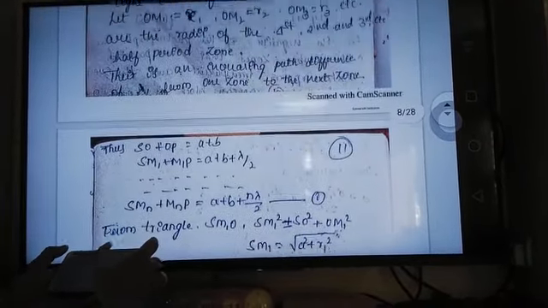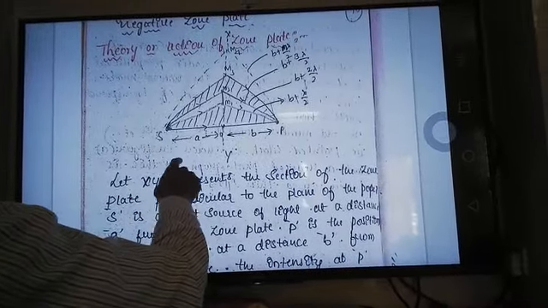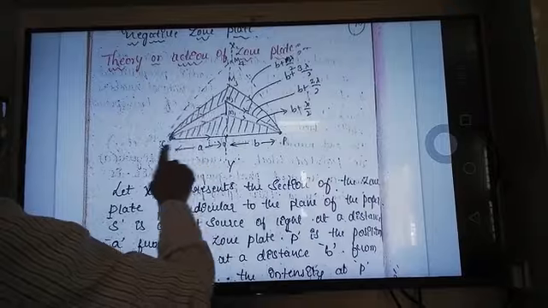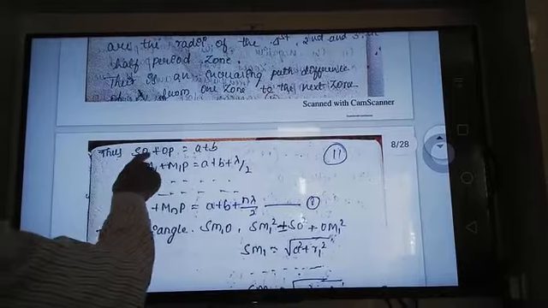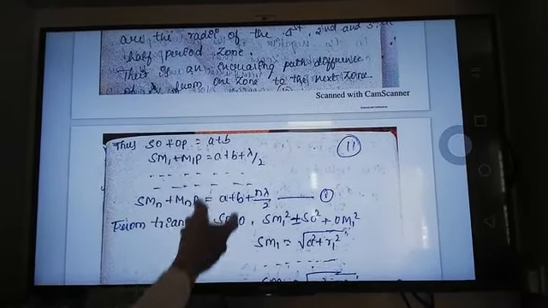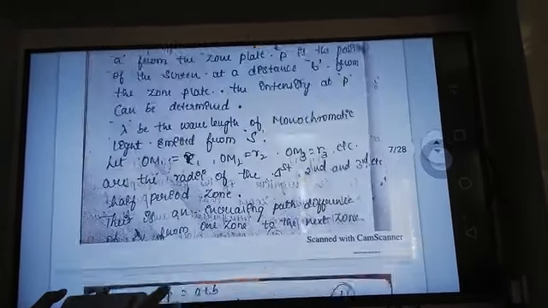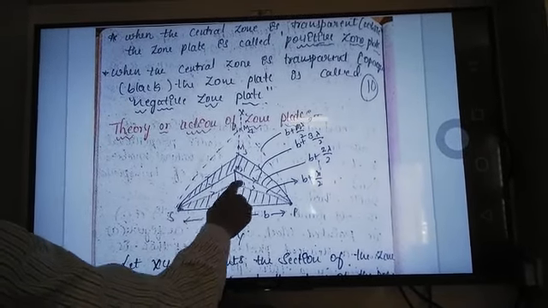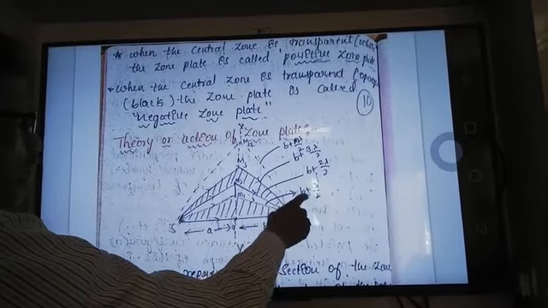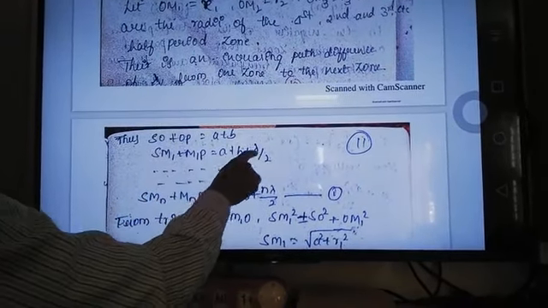Now let us consider SO. SO is A and OP is B. SO plus OP is equal to A plus B. In a similar way, for the second one, S M1 plus M1P is equal to A plus B plus lambda by 2.